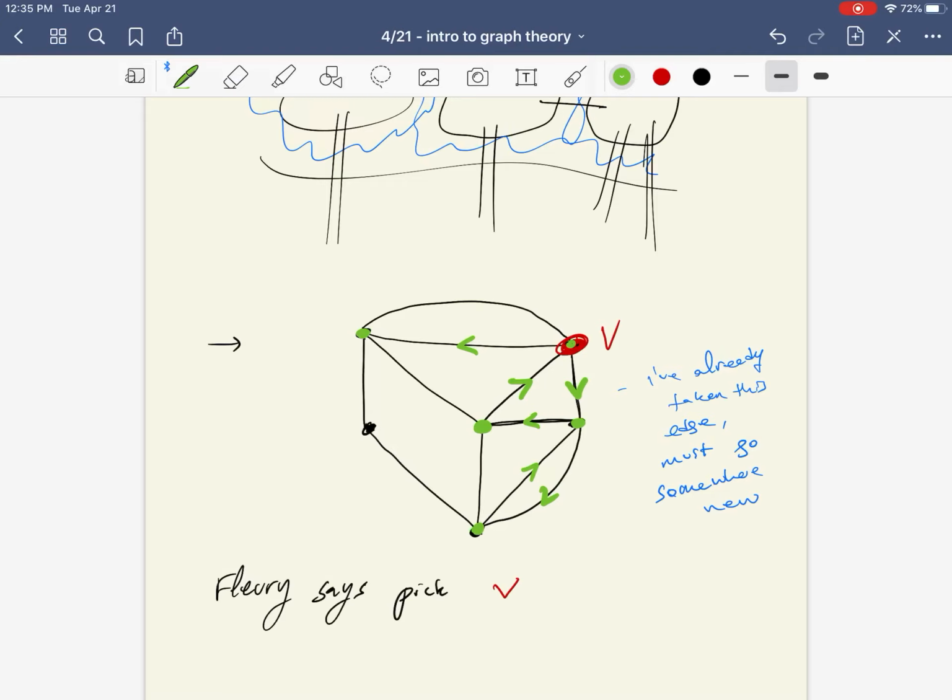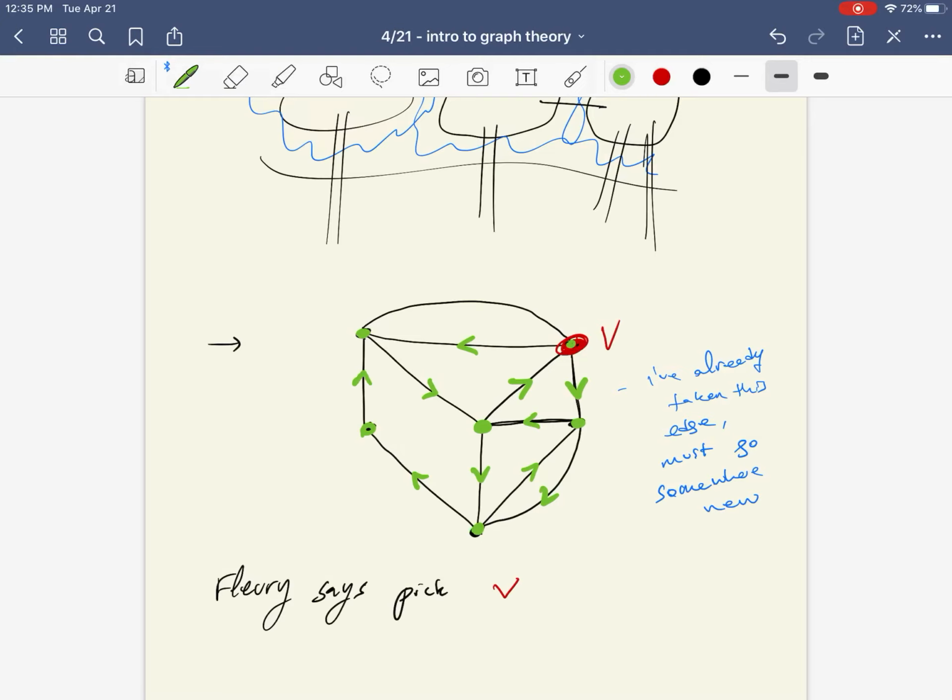Okay, now I'm here. All right, I can go back to this vertex, right? So Fleury tells me to do that. Then from this vertex, I can go to here. So Fleury tells me to go here. Now from this vertex, I have no real options except for this one. Get here.